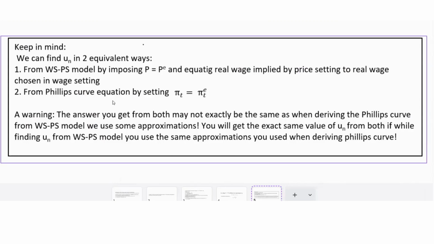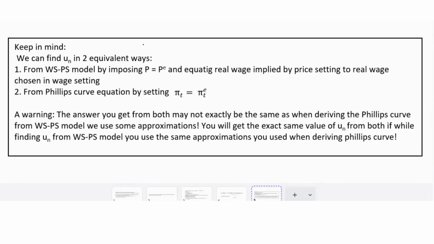The Phillips curve equation is derived from the WSPS model using some approximations, so the two ways may not necessarily give the same answer. If you use the same approximations, the answer will be exactly the same, because these are two equivalent ways.